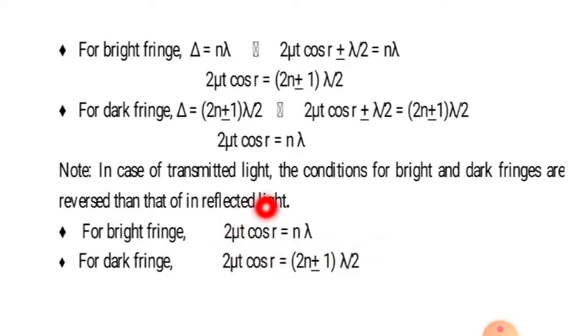So these are the conditions for bright and dark fringes in thin films in the transmitted system. This is about interference in thin films. Nowadays we have a number of applications of thin films. They are applied on the surface of solar panels to enhance the power of solar panels. This is about interference in thin films. Thank you.